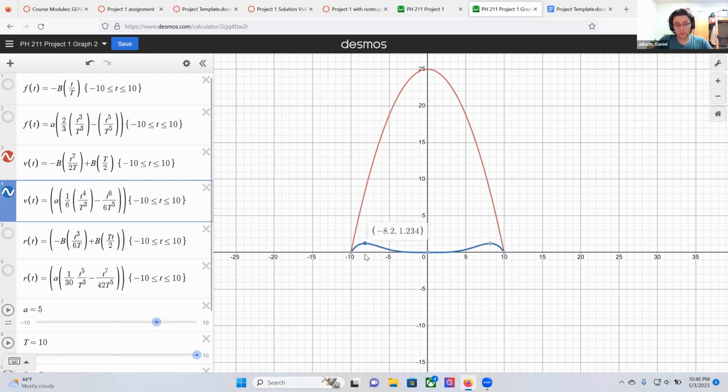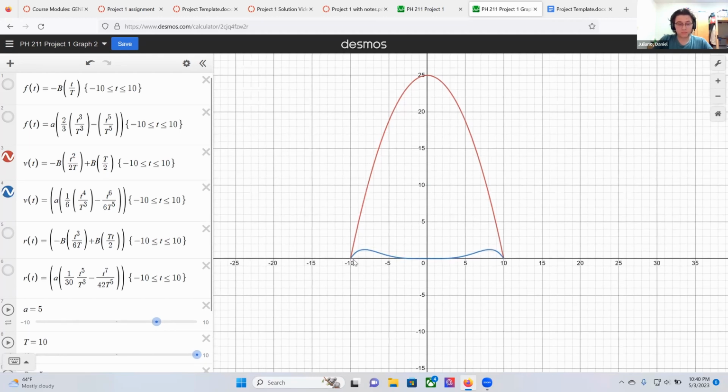Looking at the y component of the velocity, we see a small positive velocity beginning before its velocity goes back to 0 until more than halfway through the flight. You see another positive velocity and going back to 0.